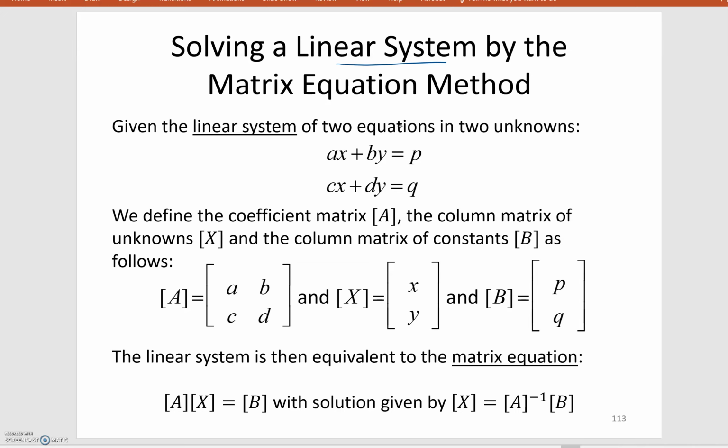If I have a system of two equations and two unknowns, ax plus by equals p and cx plus dy equals q, we're going to define three matrices. Matrix number one is going to be the coefficient matrix.